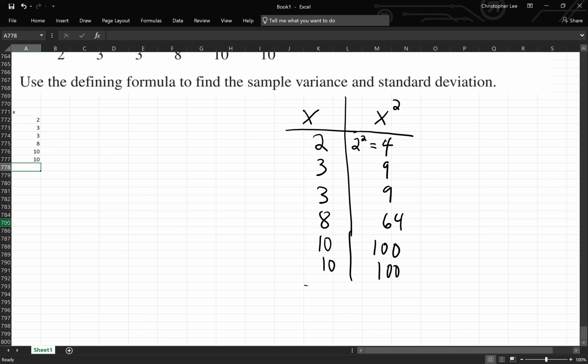After that, I want to add up all these numbers here, and then I also want to add up all of the squared numbers over here. Now, here's where I'm going to cheat a little bit. Just going to square all these numbers.